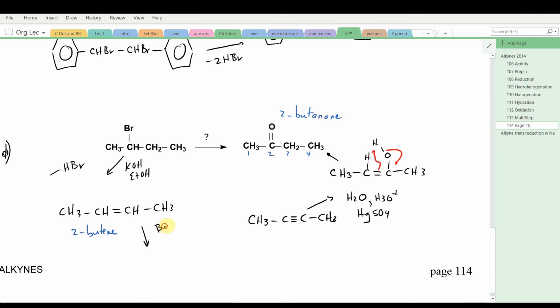Halogenation, for example, bromine in dichloromethane, as we did in class. And then finally, double dehydrohalogenation, 2 KOH, at a high temperature, 200 degrees C, minus 2 HBr to the alkyne. And that's it for the multi-step reactions of alkynes.